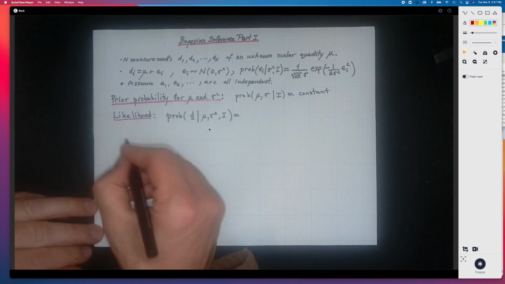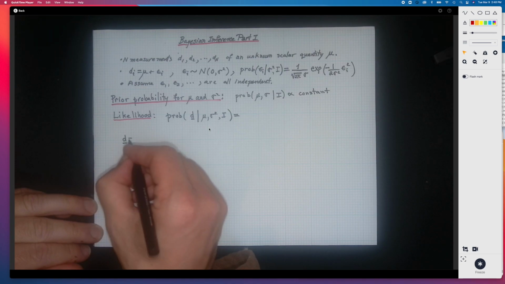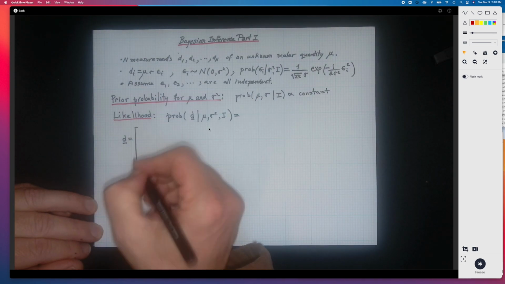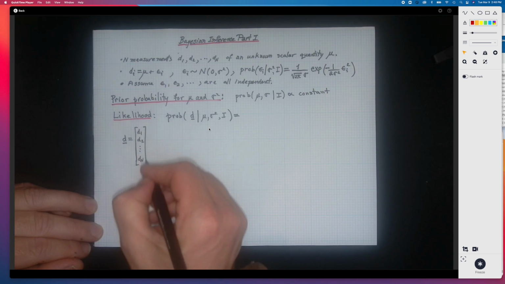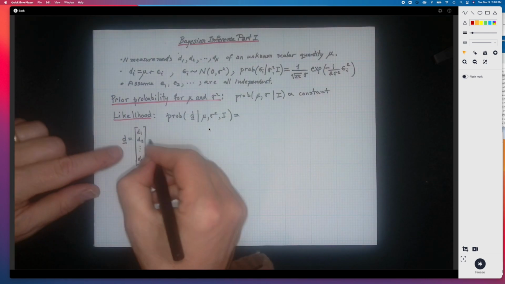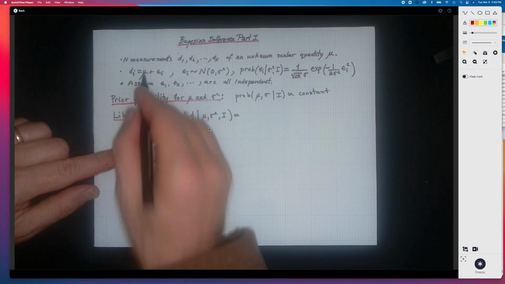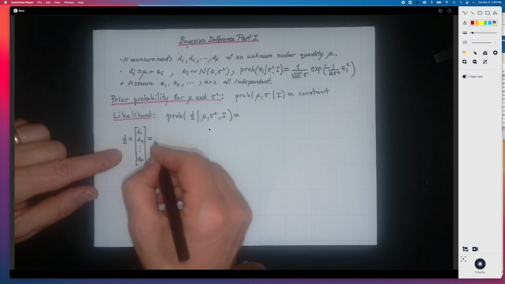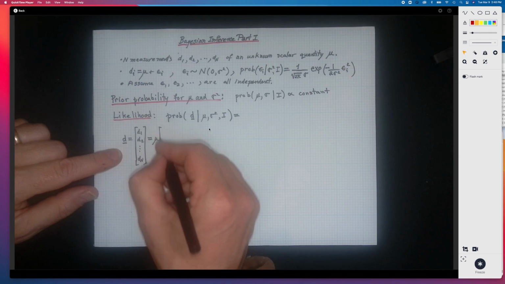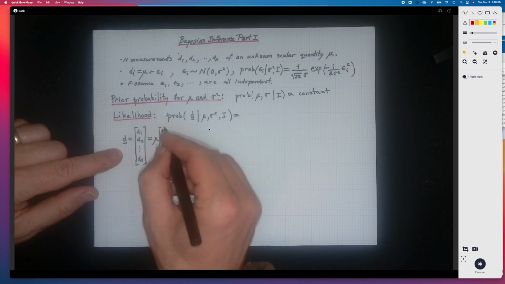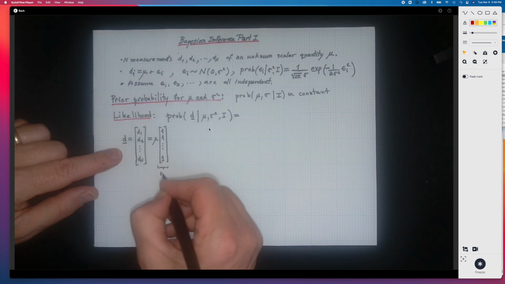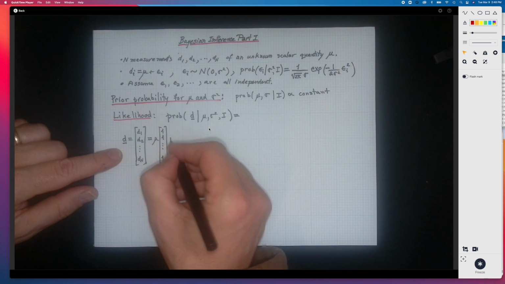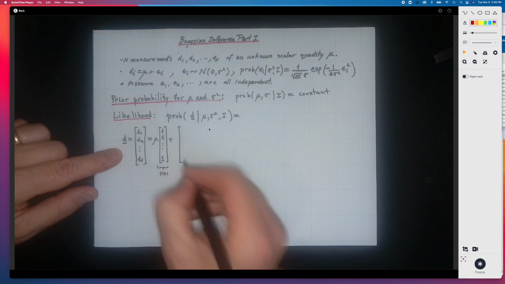And d is going to be a column vector of these n measurements. And our model, remember, is that each d is equal to mu plus some error, so this can be rewritten as mu times a column vector of 1s, an n by 1, plus a column vector of these errors.